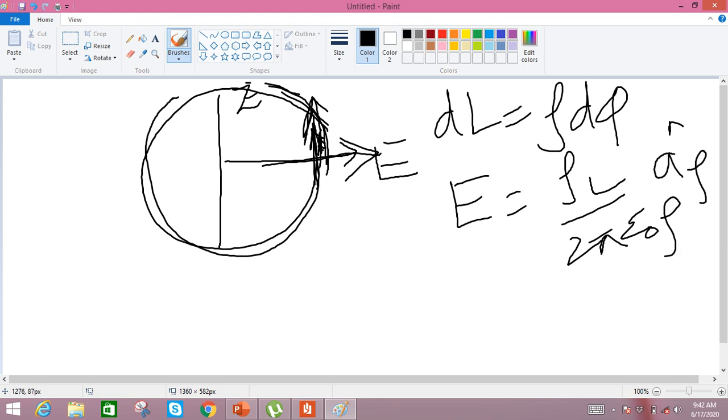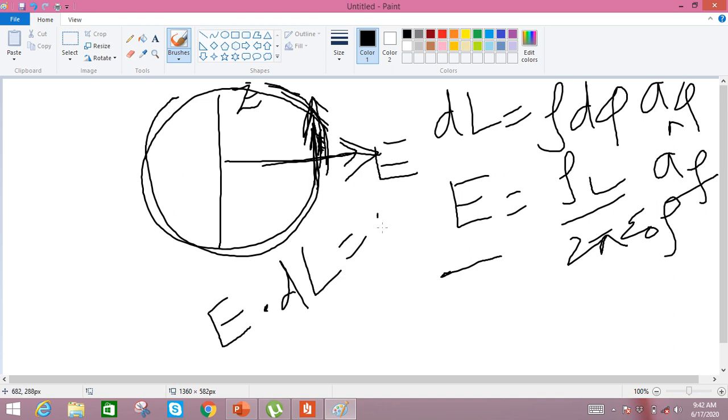So the electric field intensity is along a rho and dl is along a phi. So E dot dl will be 0 because a rho dot a phi is actually 0. So the work done will be 0.